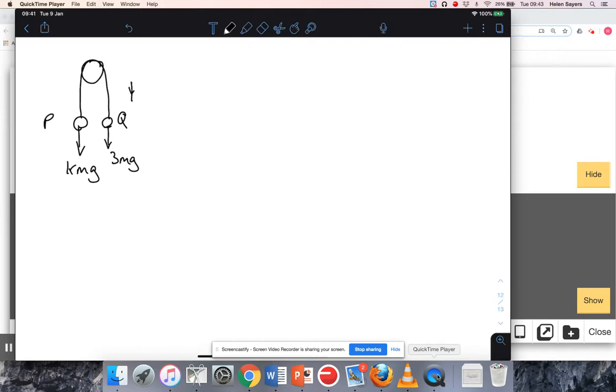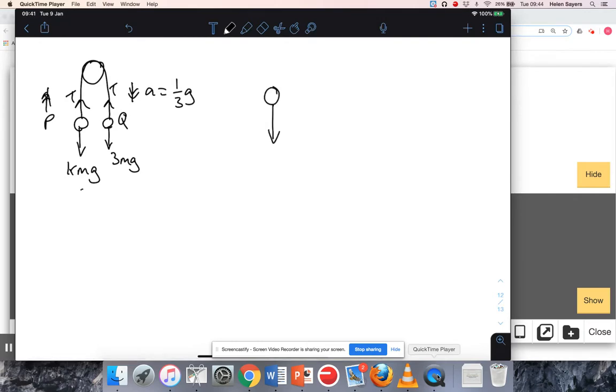I know that Q is going to move down, which must mean that P moves up, and the tension will be the same in each of them, and it tells me that Q is moving down with an acceleration of 1/3 g. Because I don't know the value of k, it makes sense for me to look at Q to start with.